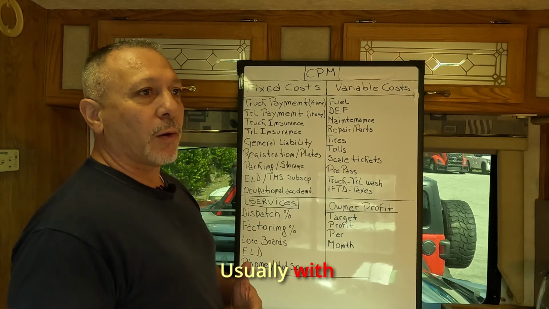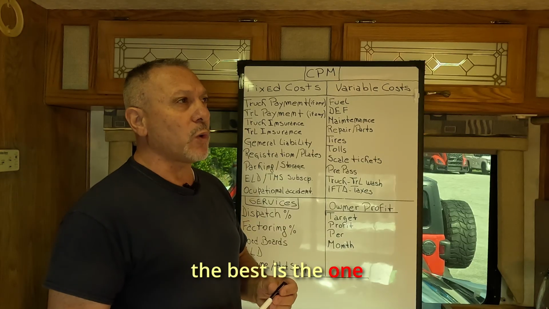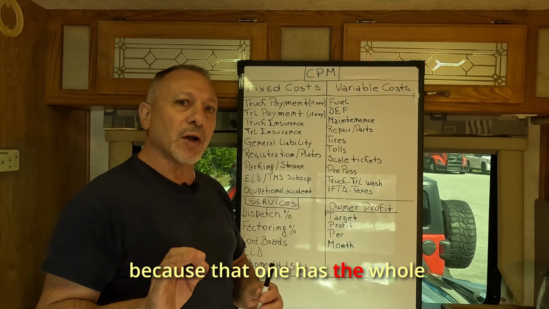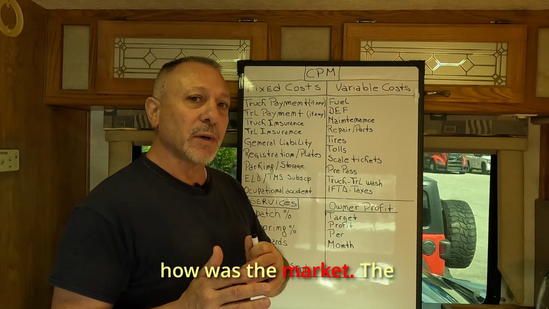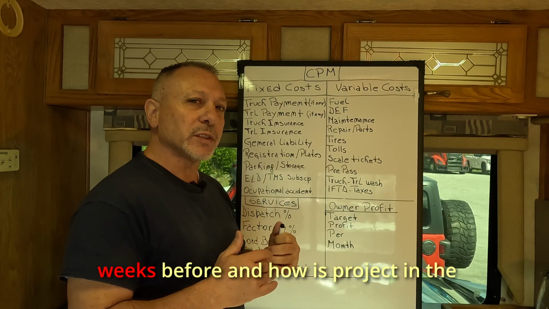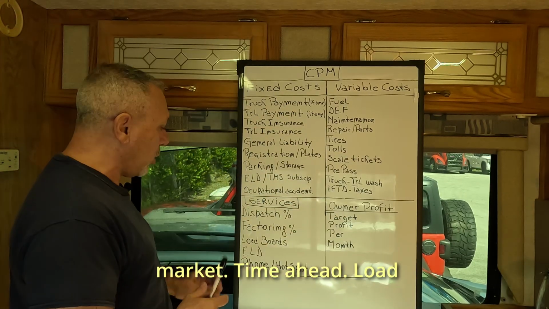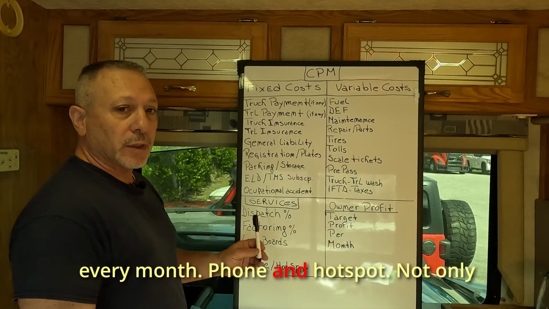Usually with DAT One, the best one, I think, is the one that costs about $200. That is the best because that one has all the information that we need to know how the market was last week or maybe a couple of weeks before, and how the market is projected ahead. Load board, ELD, we have to pay the ELD every month, phone and hotspot.